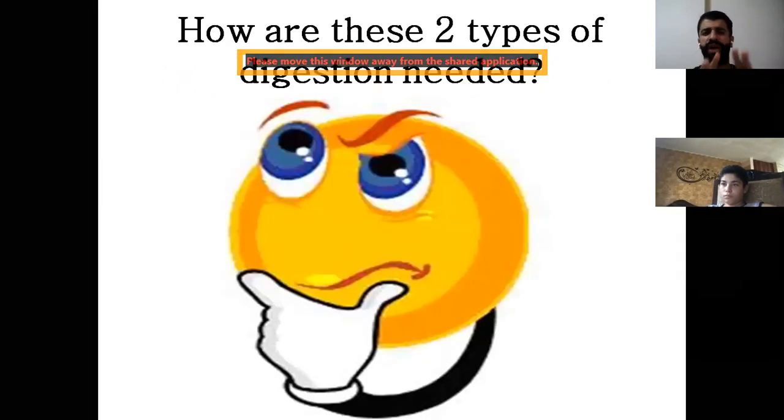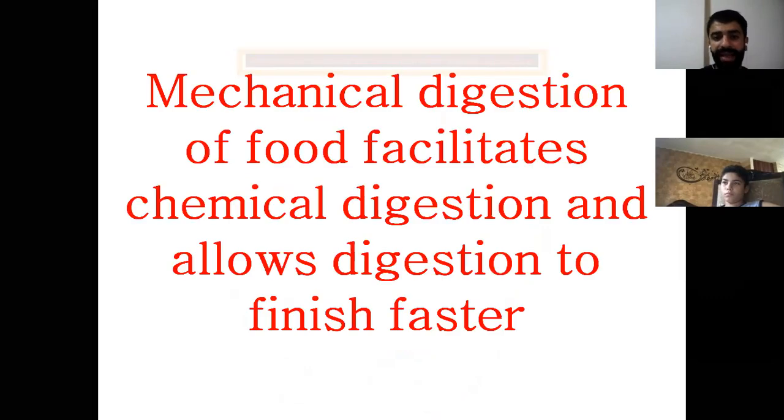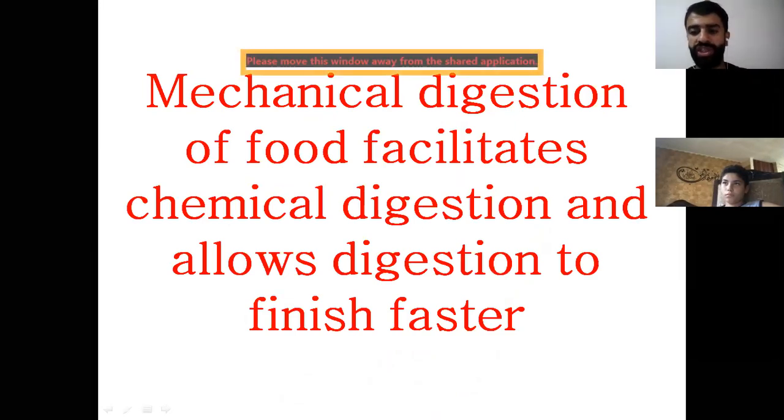What are these two types? Mechanical and chemical. So mechanical digestion facilitates the chemical digestion. It makes it easier and allows digestion to finish faster. So what do you think? Is it easier to digest small pieces or to digest large pieces?